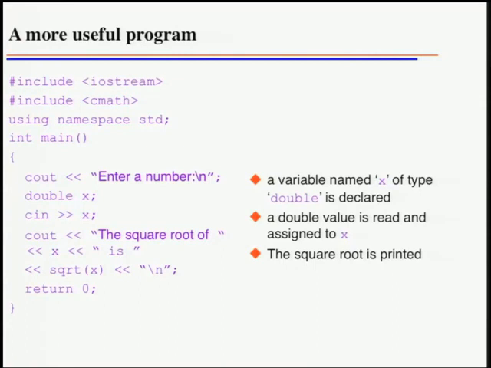And then we read from the input stream, which is called cin, into the variable x. So one floating point value is read from the user and assigned to the variable x. Then we output the square root of, here the actual value of x is output, and here the square root of x, and the end of line.